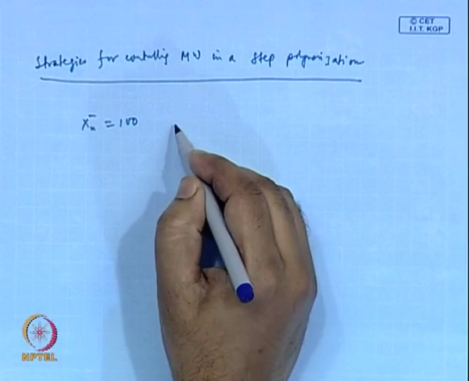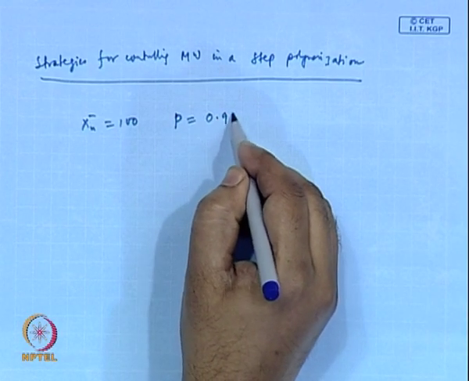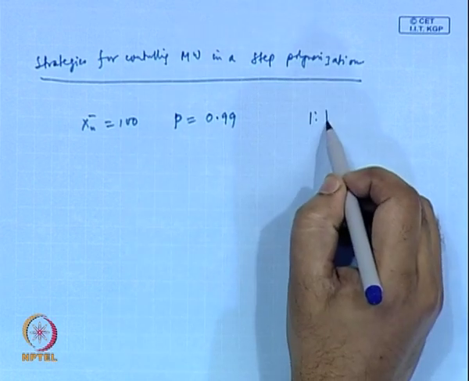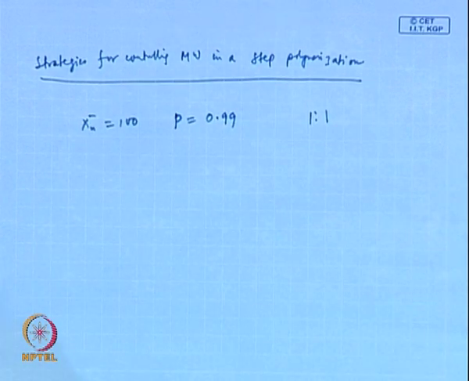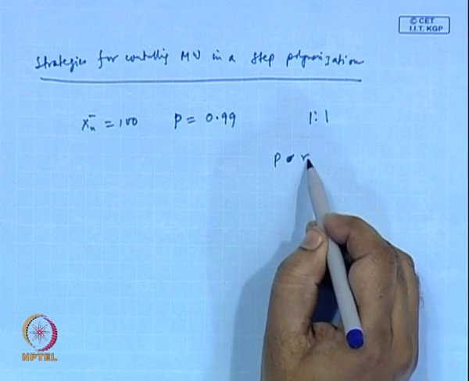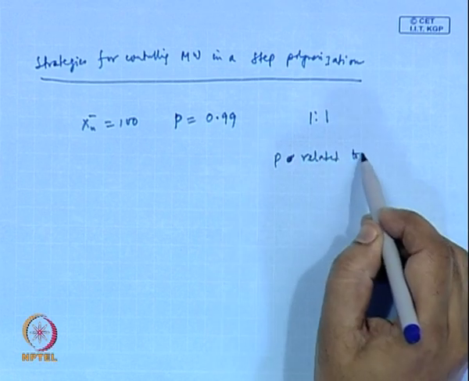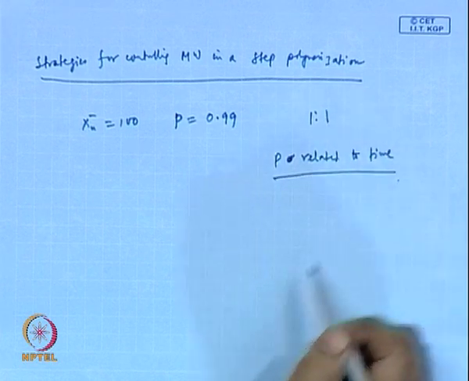Now, how do you do that? We have seen that Xn of 100 corresponds to a P of 0.99, for a 1:1 case, where 1 is the stoichiometric ratio of the functional groups. So, if I stop the reaction, and we know this reaction kinetics, how P varies with time, we have seen in the previous pages.